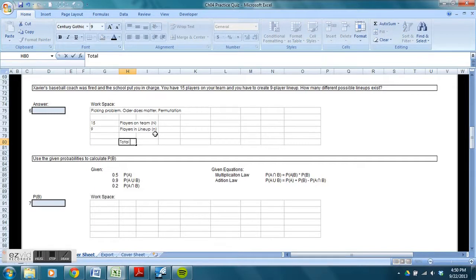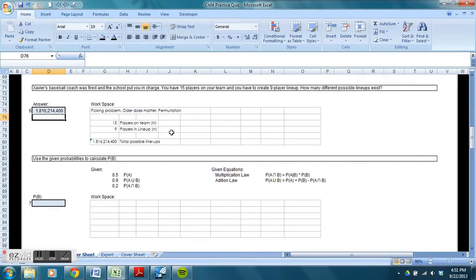We just want to use the permute function. 15, pick 9. Same thing. Let's move these over here. Add the commas and remove the decimal points. Set our answer equal to that value. Good to go.